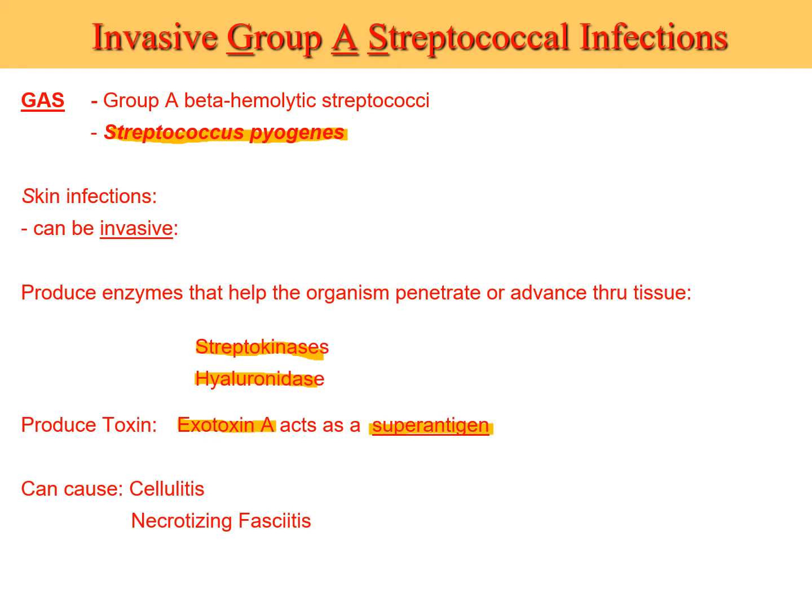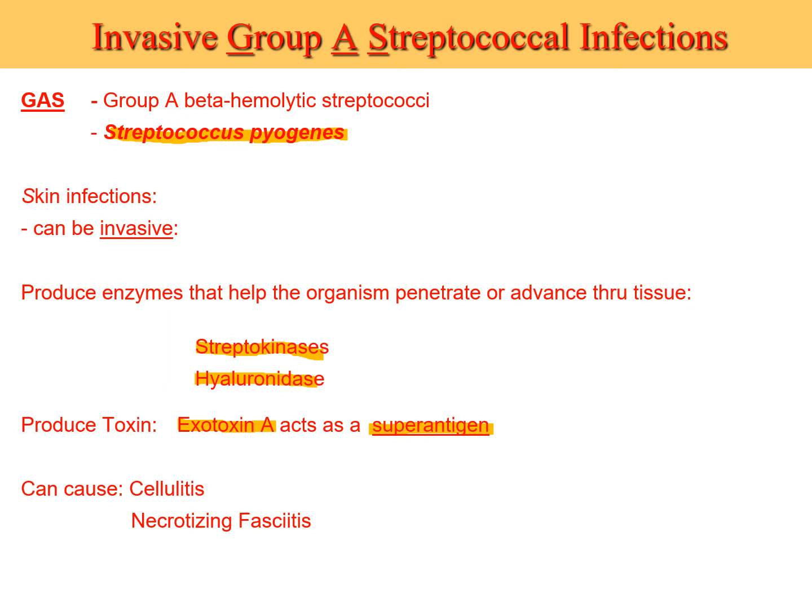And again, I remind you that superantigens are molecules that can widely activate T cells, regardless of the specificity of the T cell receptor on the T cells. Many of them are activated and start producing cytokines, which results in quite a strong reaction and can lead to quite a severe infectious process.